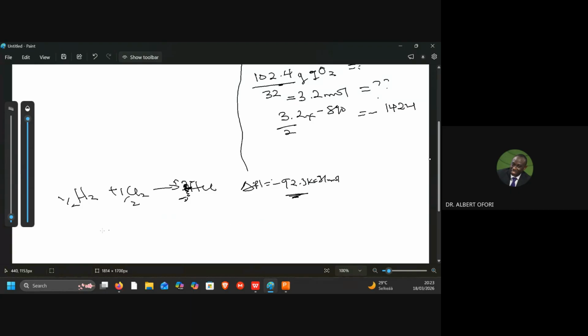Now the question is, what happens if it is going to be 2 moles of that? Basically, what it's trying to tell us is to multiply this equation by 2.